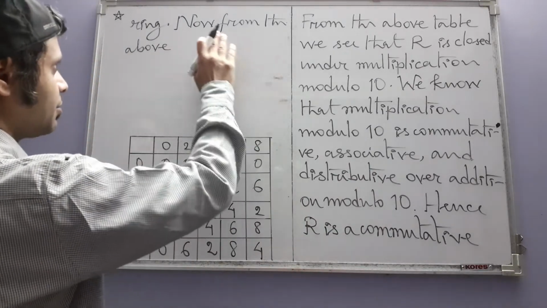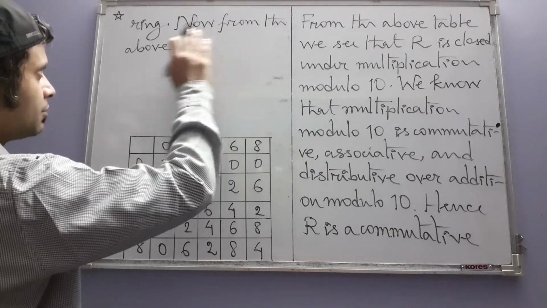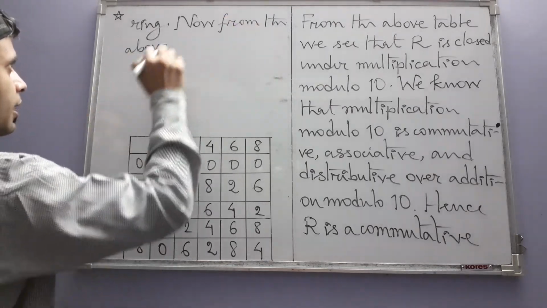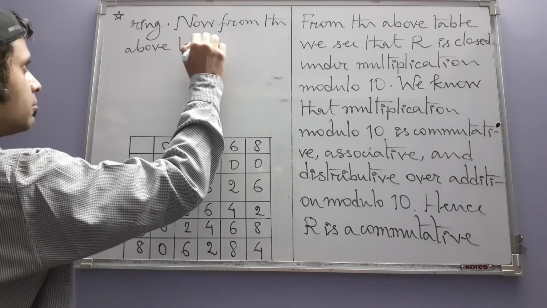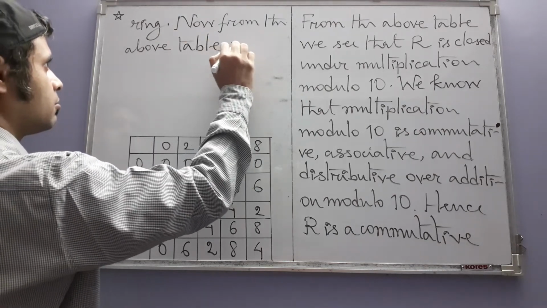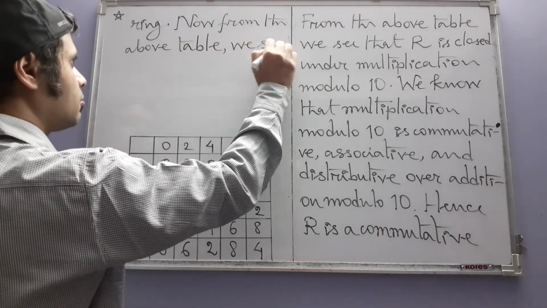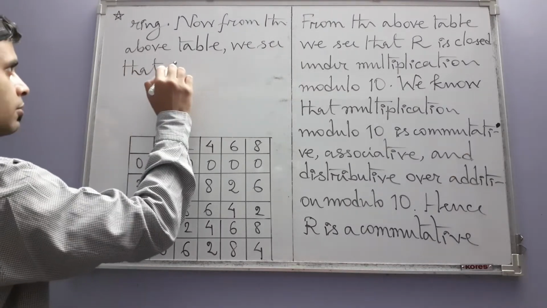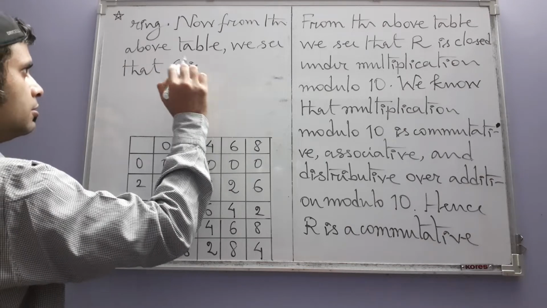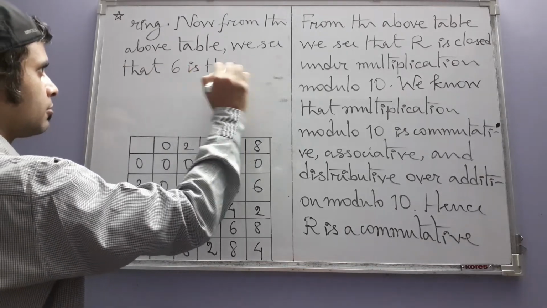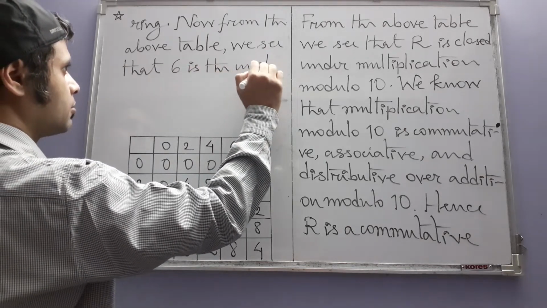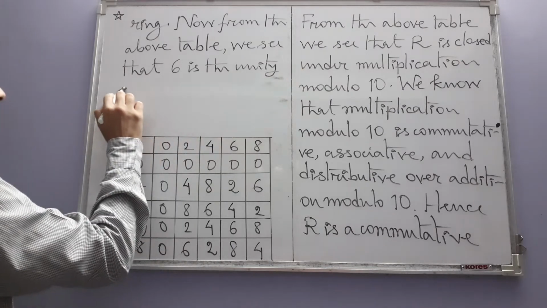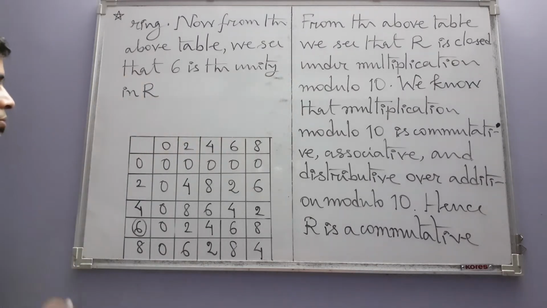So from that point of view, it's justified we write now from the above table. We see that 6 is the unity in R. So that is one thing.